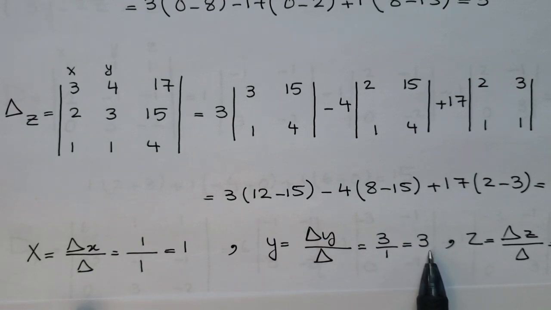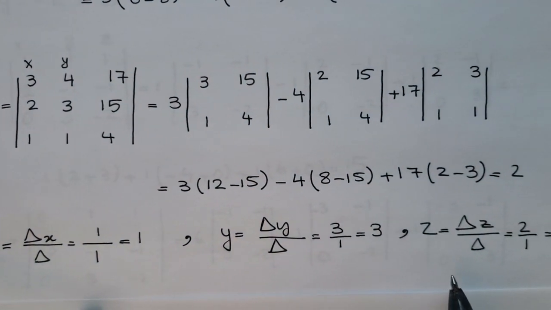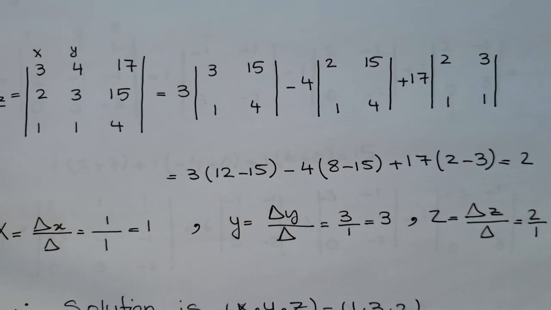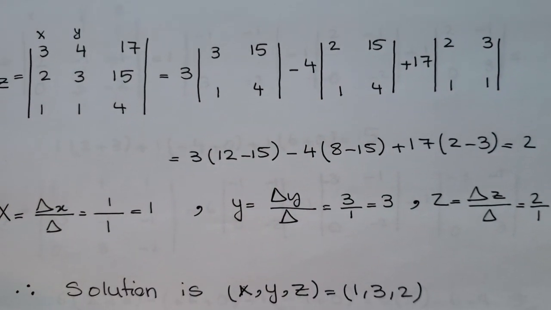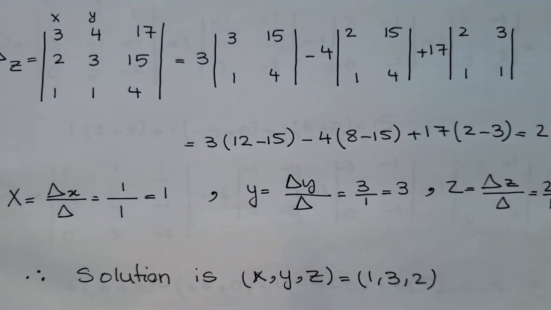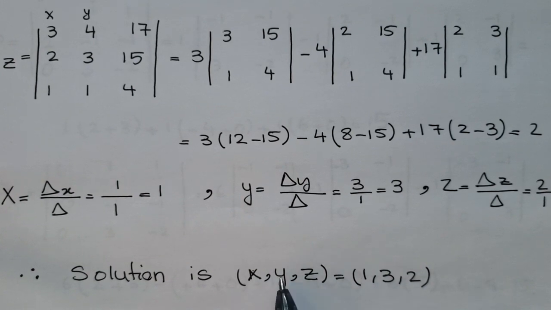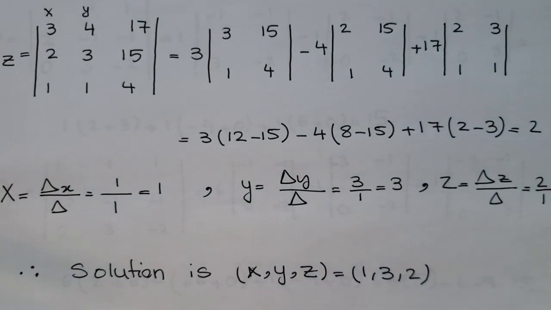And the final answer is 3. The z is determinant of z over d, and the final answer would be 2 over 1, which is equal to 2. So here we could say that therefore our solution x, y, z is equal to 1, 3, 2. So the x is 1, the y is 3, the z is 2.